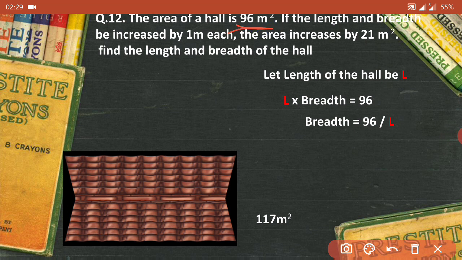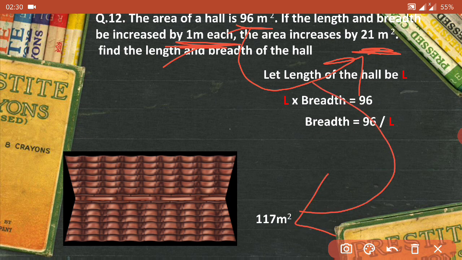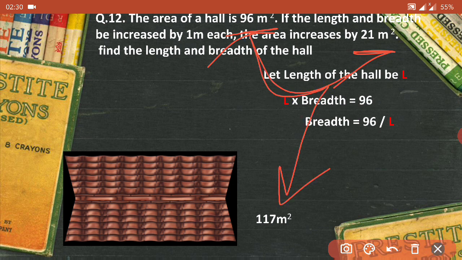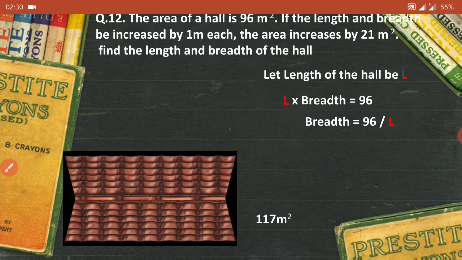Once I increase the length and breadth by 1 meter each, the area increases by 21. So 96 plus 21 gives me 117 meters square. I have added 96 meters square plus 21 meters square to get this new area. I hope this part is clear.